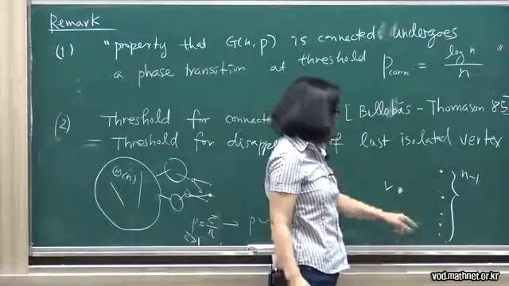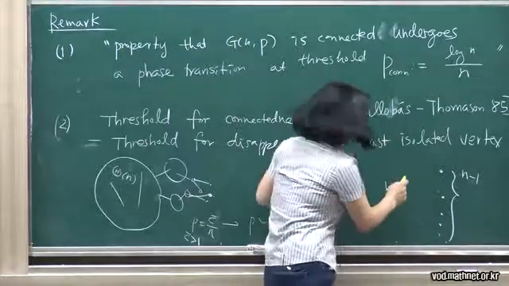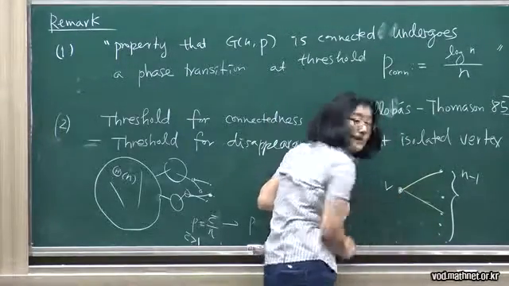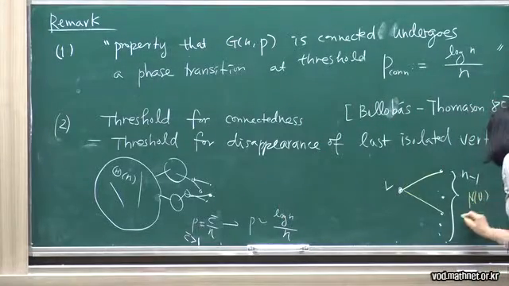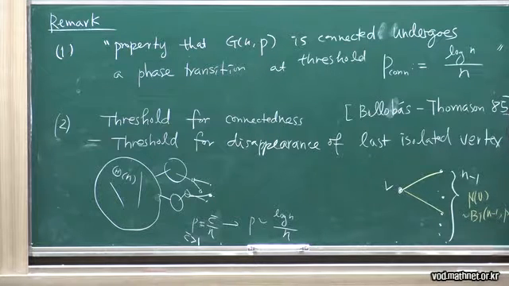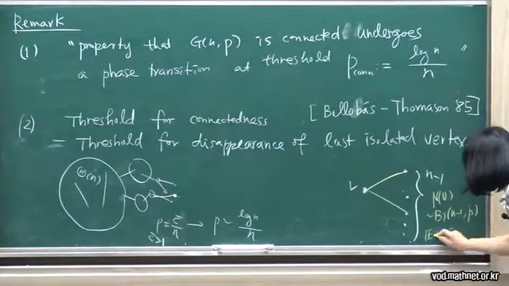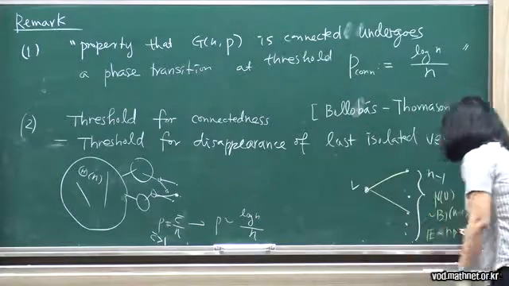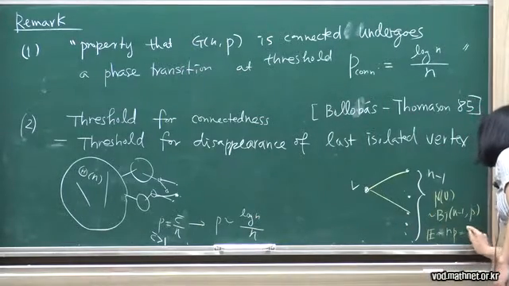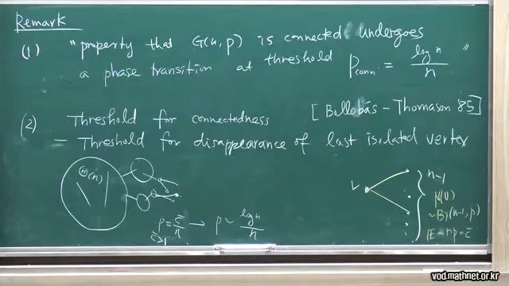For each such potential neighbor, we do have a neighbor with probability p. So the number of neighbors of v is a binomial distribution with parameters n minus 1 and p. If you look at its expectation, this is n minus 1 times p, but n is a very large number, so we can just assume that this is n times p, and p is C bar over n. So the average degree is larger than 1.